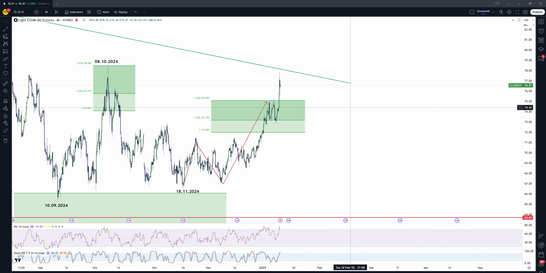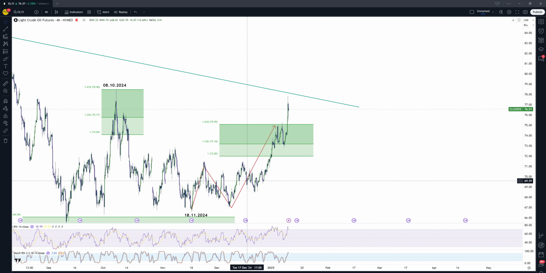So right now the market, with this reaction higher, is telling us that there is some strength in the move higher in oil, but of course this move higher in oil has been driven by specific reasons, which our members know exactly about.